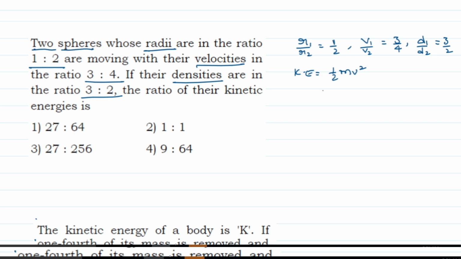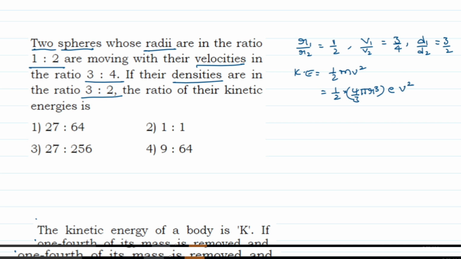So mass is 4/3 pi r cube into density, times v square.